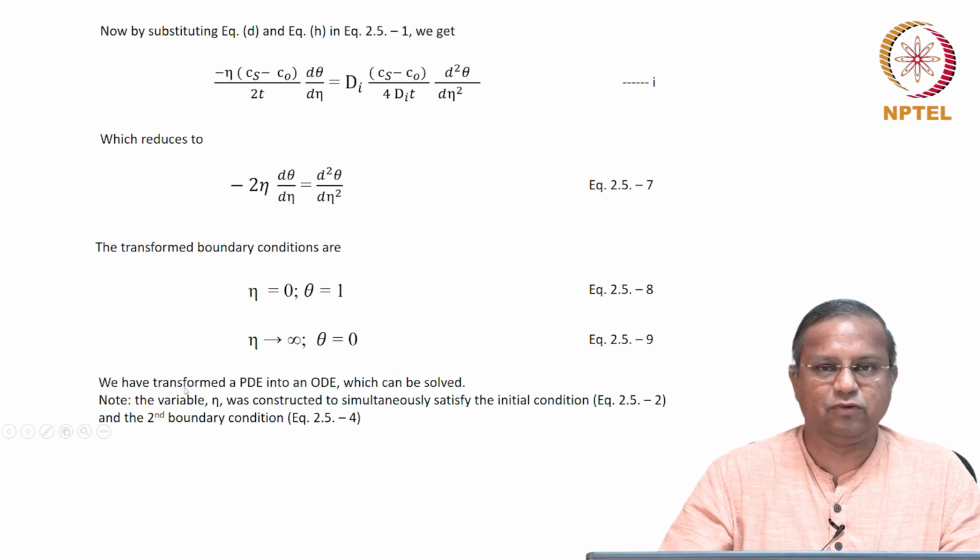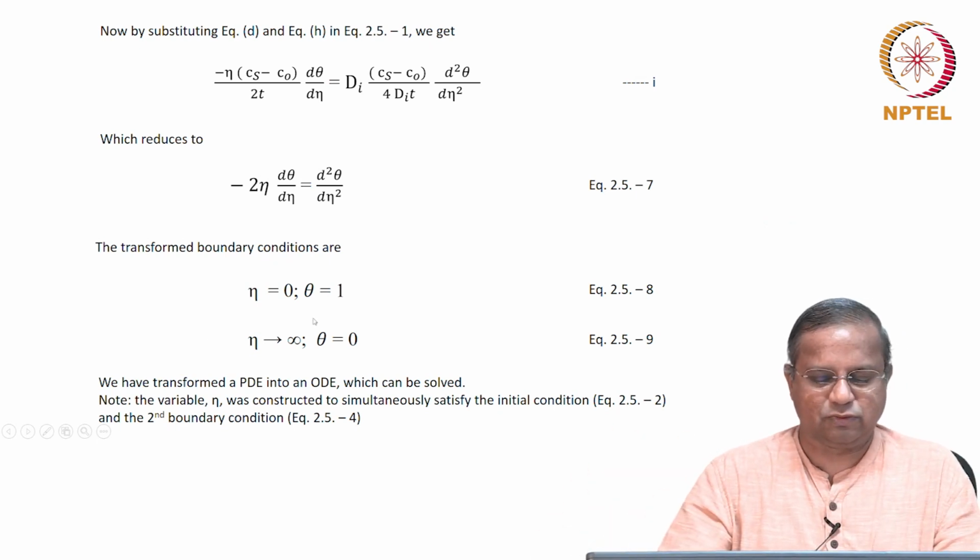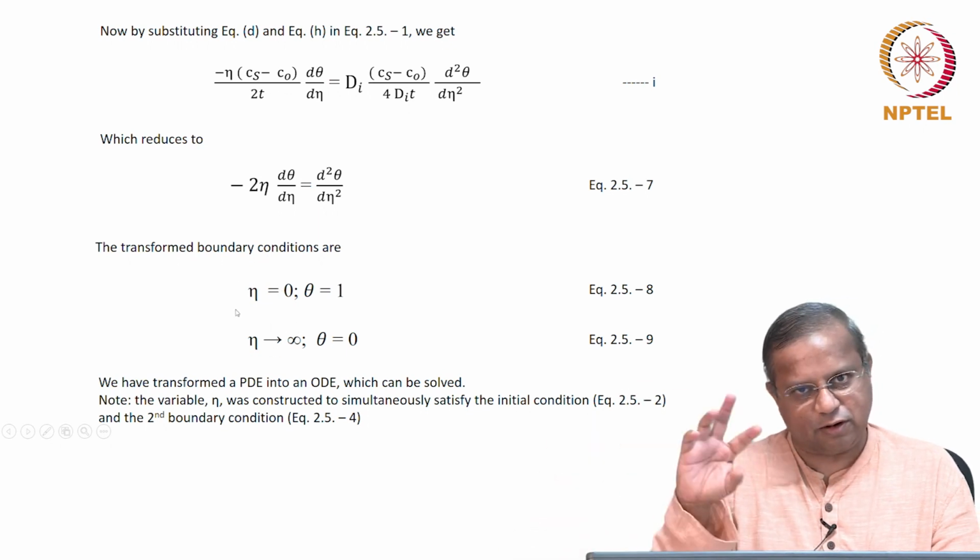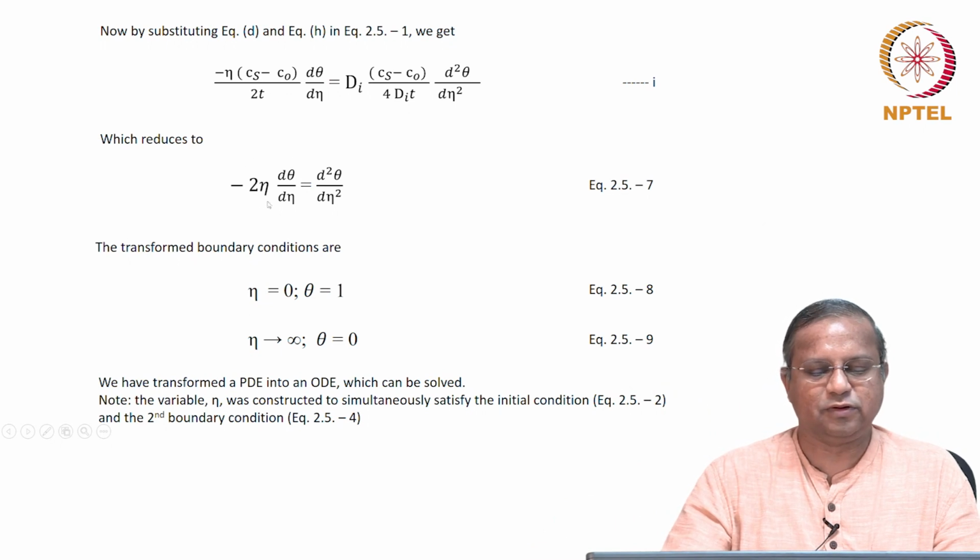Before I do that, I need to tell you this. The variable eta was constructed simultaneously to satisfy both the initial condition as well as the boundary condition, and kind of collapse that into one, to simultaneously satisfy both these, and that was also a part of the intuitive writing of eta as the way it was written.